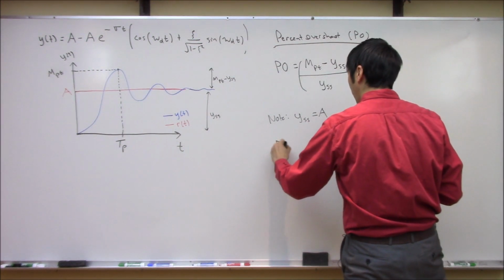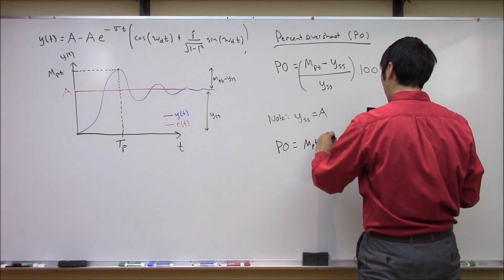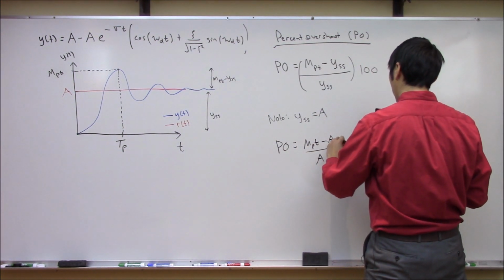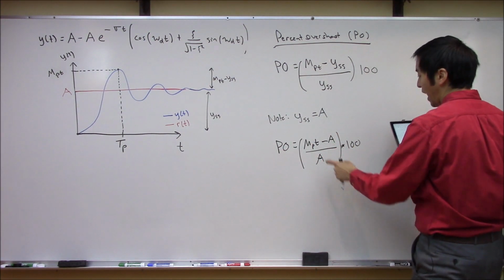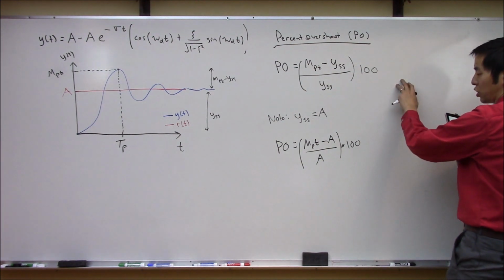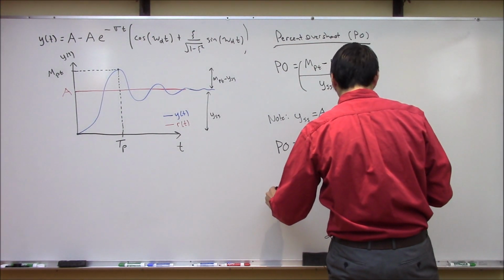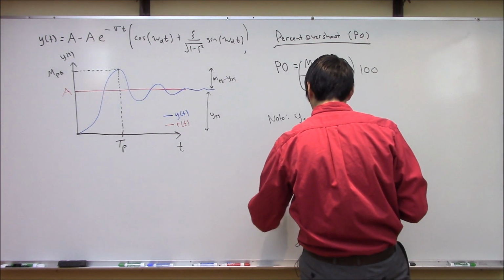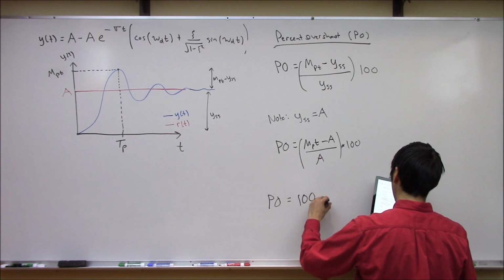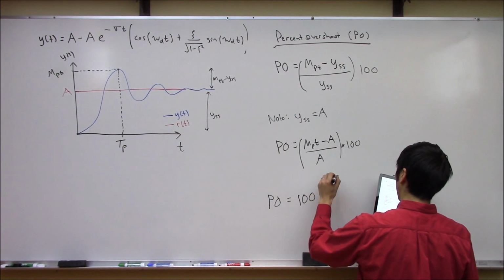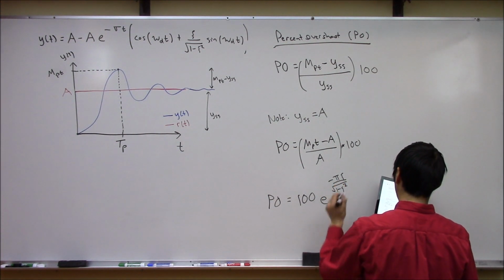My percent overshoot is just going to be MPT minus A all over A times 100. We already had an expression for MPT, which unfortunately we just erased. So you plug that in, you do all this math and simplify, and you end up with this interesting expression: percent overshoot is going to be 100 times e to the minus pi zeta all over square root of 1 minus zeta squared.